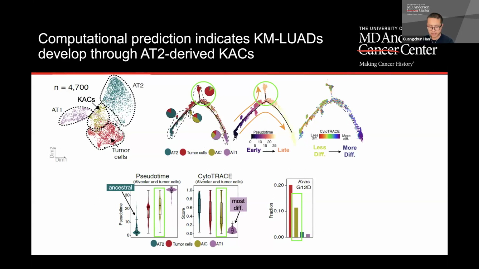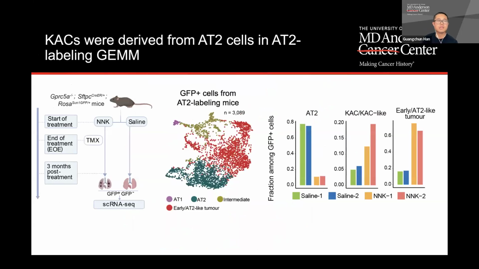lung adenocarcinoma development. In addition to this experiment, during the revision process, we were requested to perform a more straightforward analysis to show that those CAC cells are involved in lung adenocarcinoma development. So in general, currently there are two models.